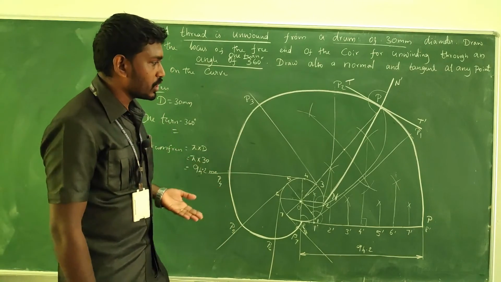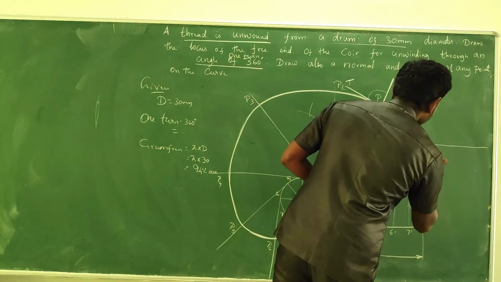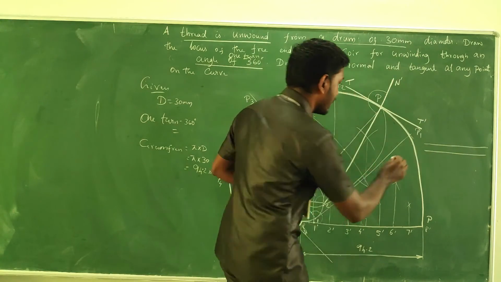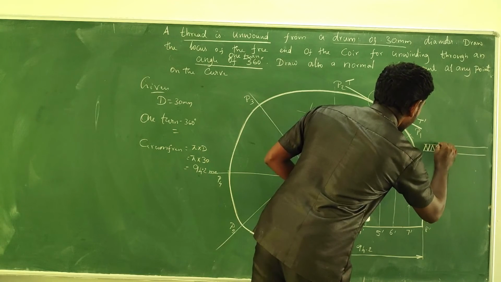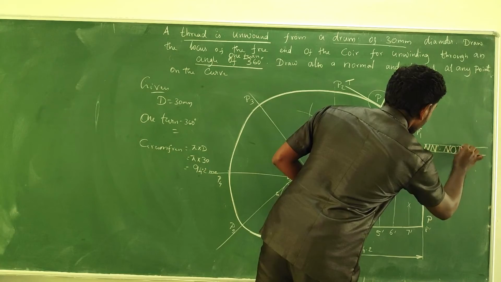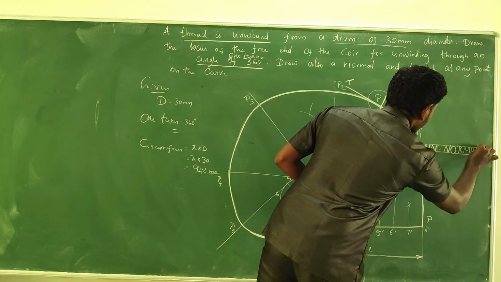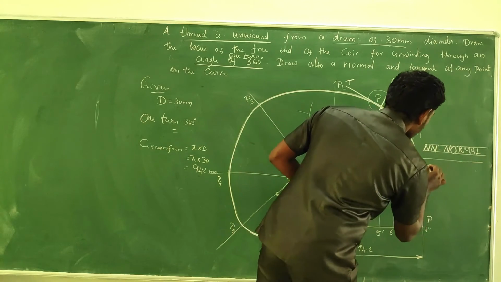Afterwards, we have to label the points like N and N dash as normal. We have to write it inside the guidelines with a capital letter. Write N dash as normal, and then T dash as tangent.